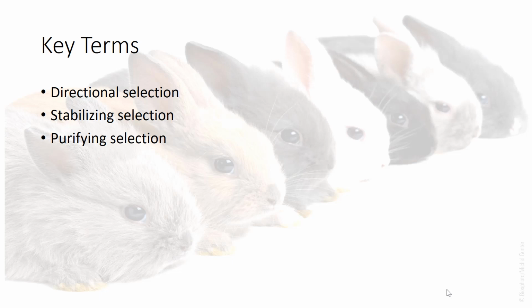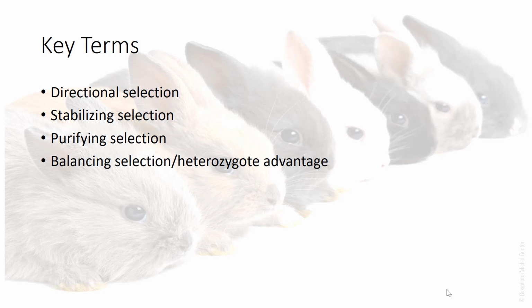Purifying selection. Purifying selection is basically we start to get rid of certain alleles entirely, and just basically maintain a certain combination of alleles. And then balancing selection, where you're not selecting for a specific genotype, but instead you are maintaining a certain frequency of multiple phenotypes.